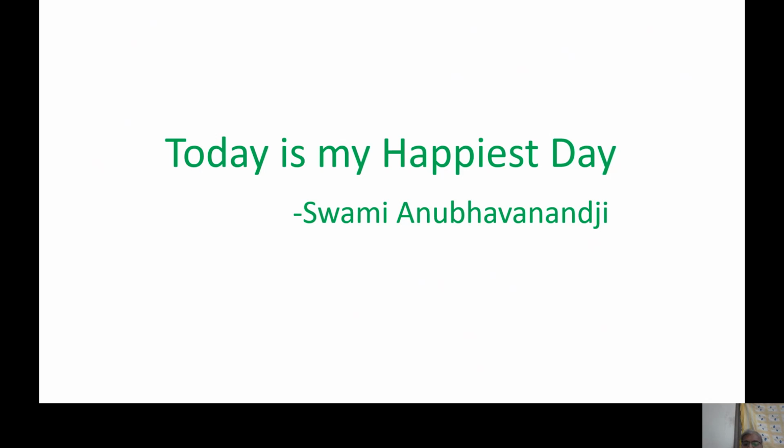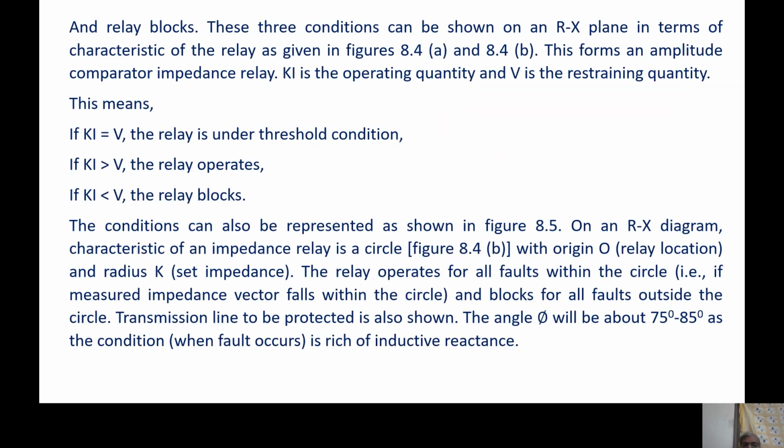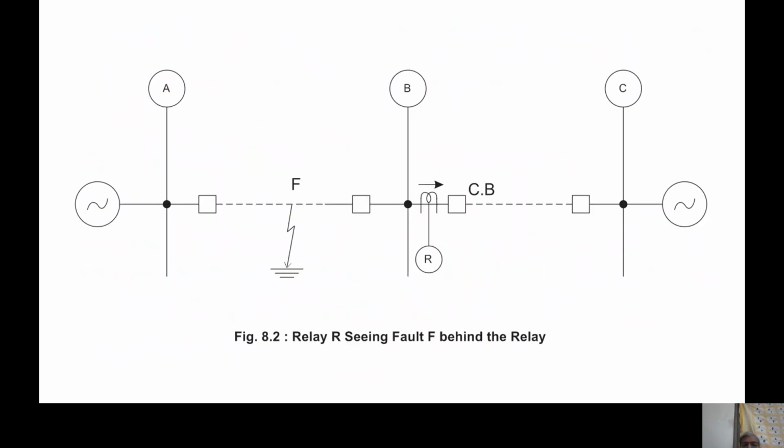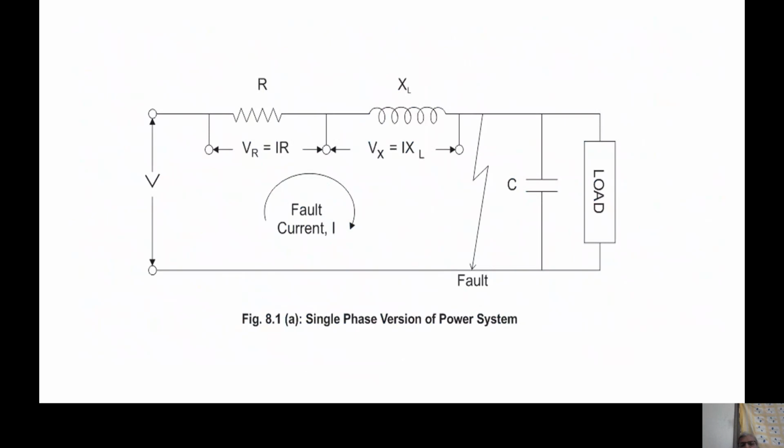Having talked about this, we have not talked about different types of characteristics. We have simply talked about the principle of the distance relay. We started from here: if we want to understand the distance relay, talk about a power system.